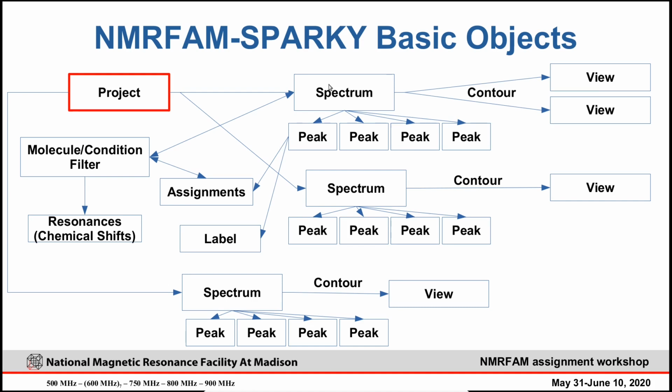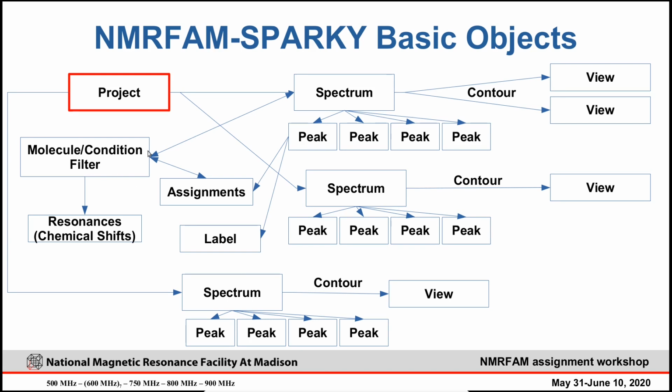And as you can see here, you will have multiple assignments for the same resonance from different spectra. So at the end of the day, in the resonance list, you will have the assignment from the average, the average value, and the standard deviation in that resonance list.